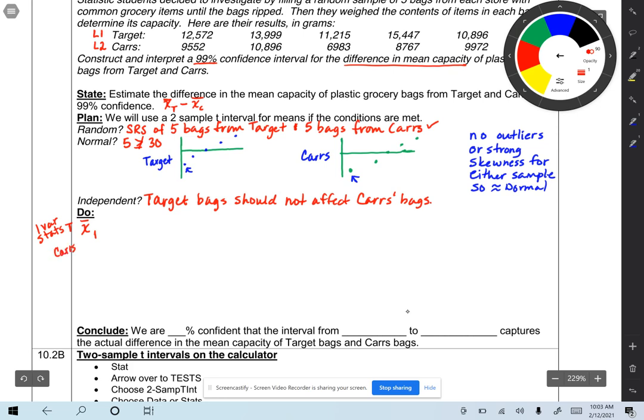So Target is 12,825.8 grams, and its sample standard deviation is 1912.5.